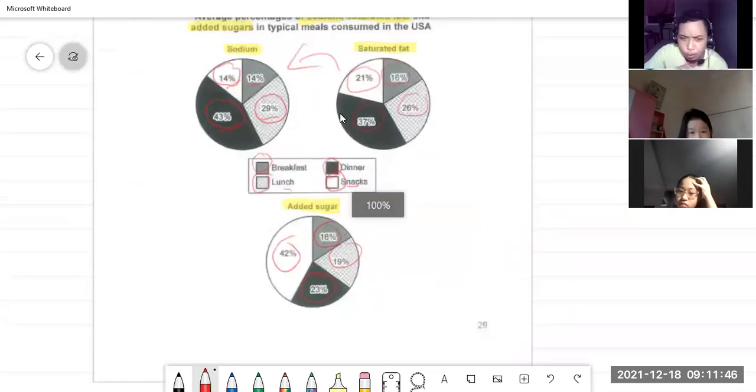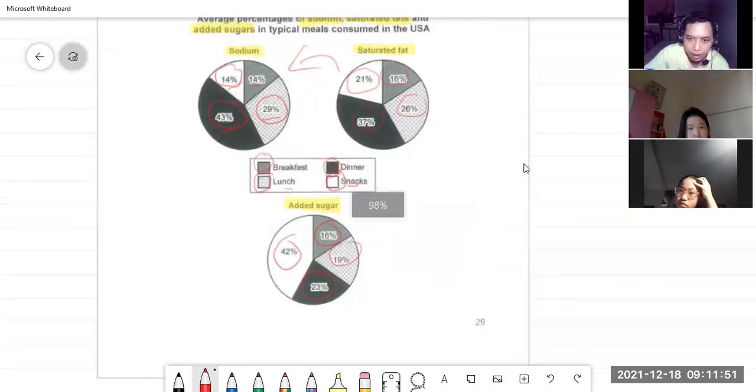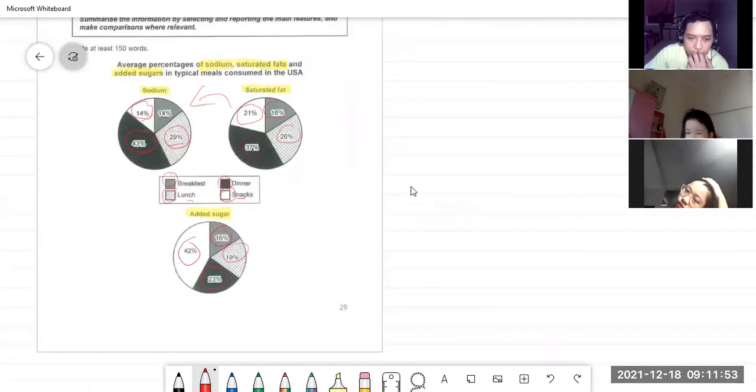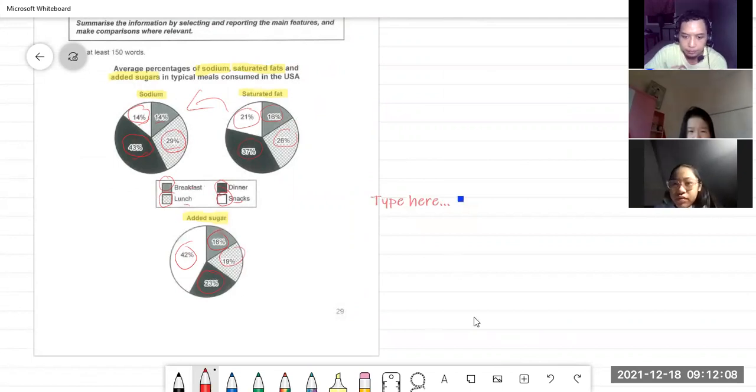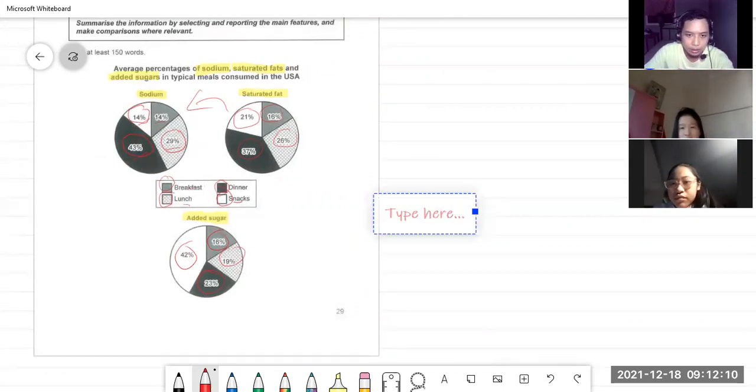So when you have understood this chart, we are going to make the points of what we can write from this to make an essay, or full sentences with 150 words. Okay, so as you can see here, we can first write, okay, these are the diagrams, or the charts.